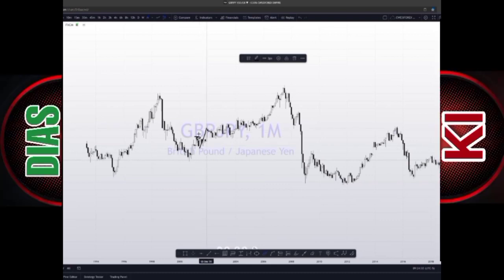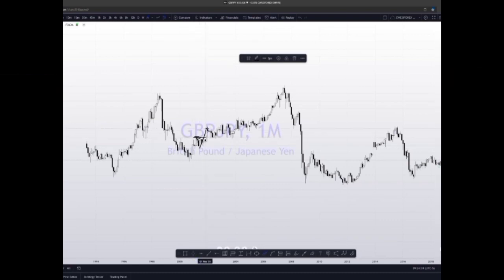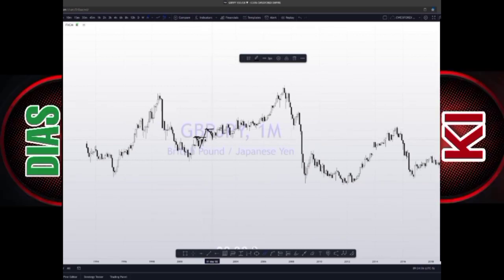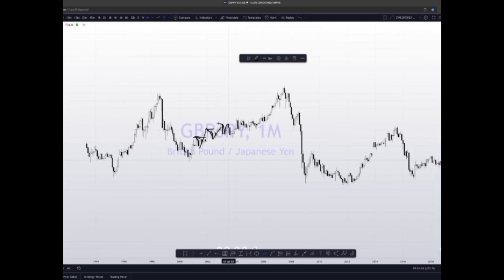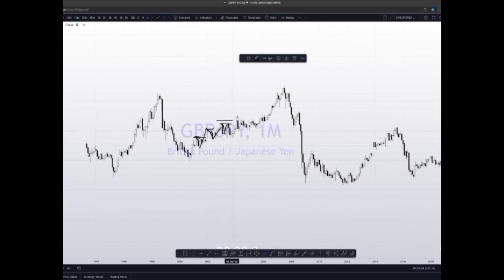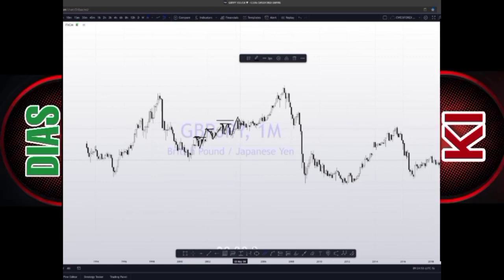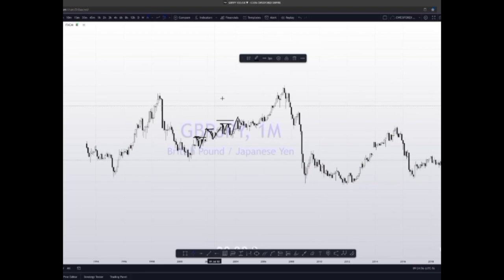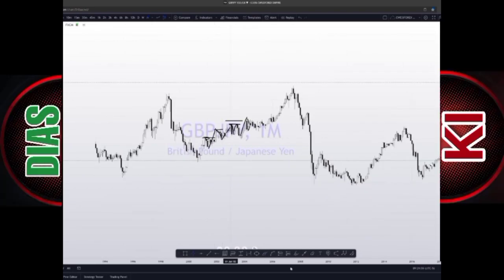You can see it took out this liquidity, brought price down, targeted here again, took it, price came down, formed equal highs over here, which serve as liquidity also. Price went up, took this liquidity. You can see price came down again. So this is how to identify the previous monthly high.